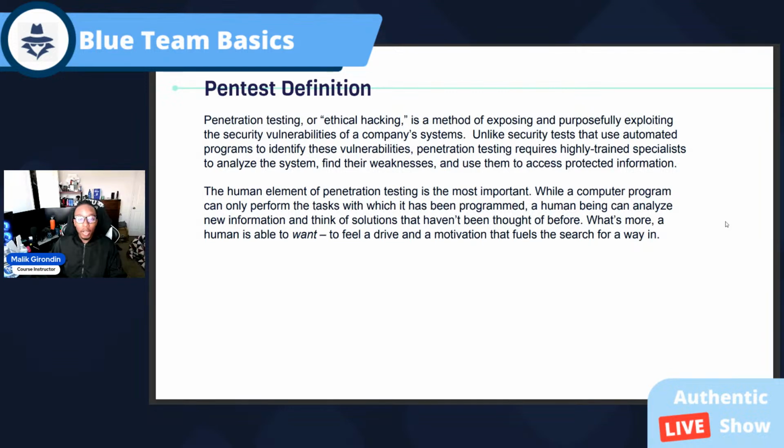The human element of penetration testing is the most important. While a computer program can only perform the task with which it has been programmed, a human being can analyze new information and think of solutions that haven't been thought of before. What's more, a human is able to feel a drive, a motivation that fuels the search for a way in. Guys, let's break this down.